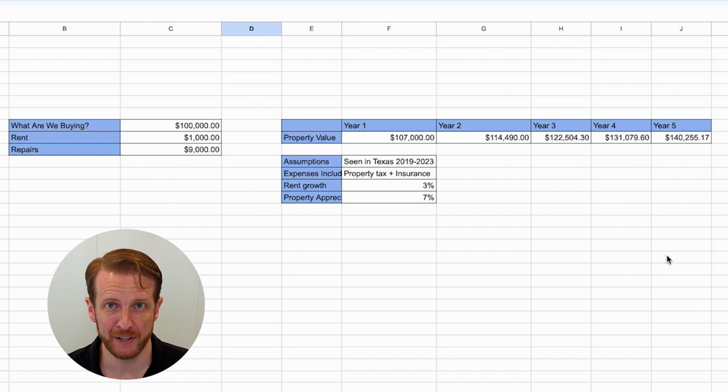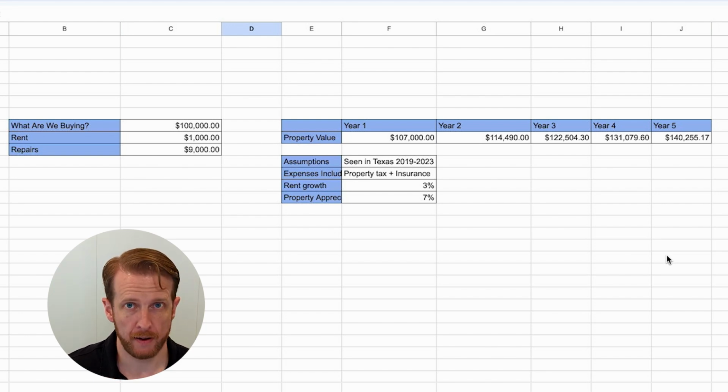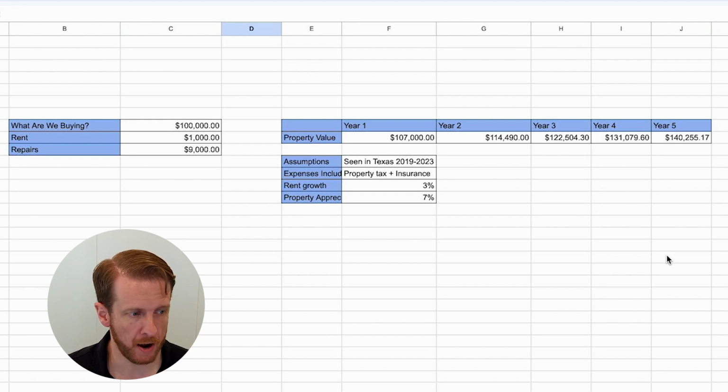I have a rent of $1,000, so we followed that 1% rule as an example here to buy that. And then I have repairs of $9,000. Now, this property value will go up on average, about 7% per year. That's taking, in Texas, what we saw from 2019 to 2023.